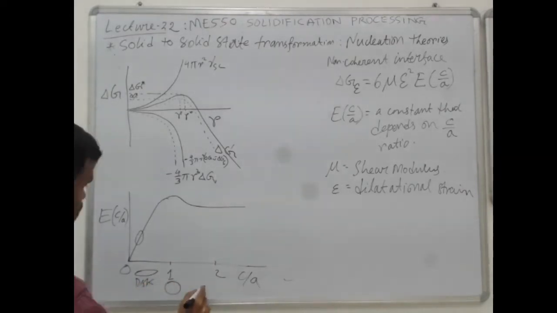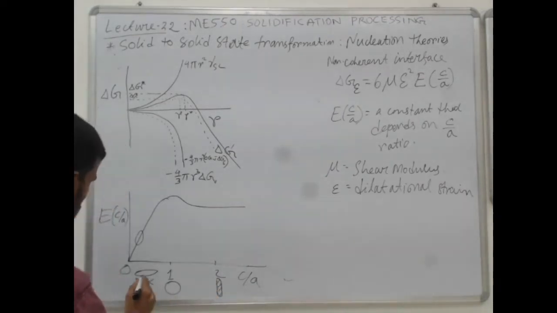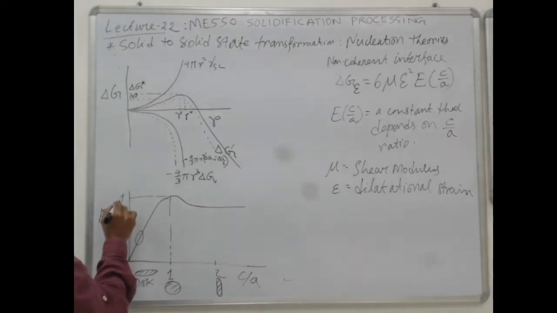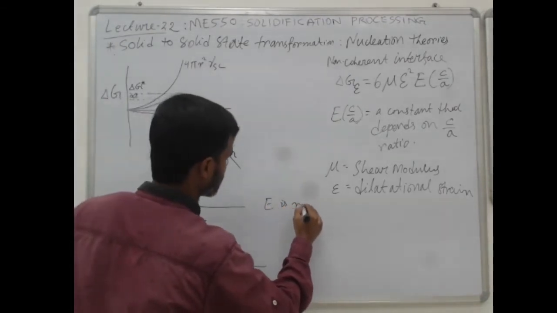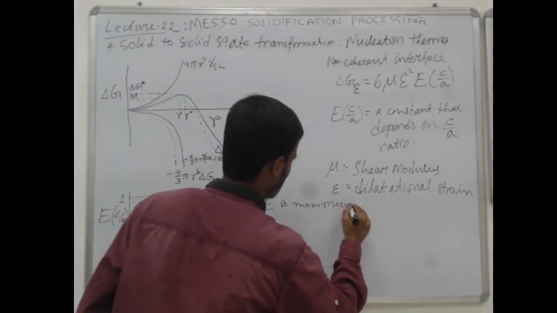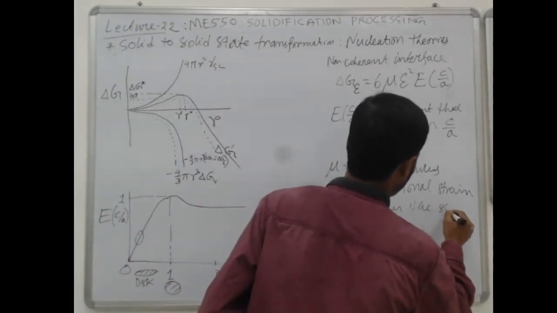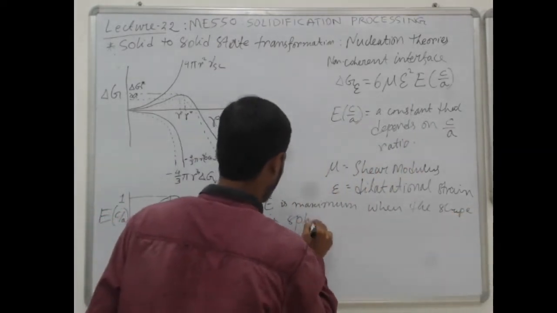Here you have a sphere, here you have a needle-like shape. So this constant is maximum when the shape is spherical.